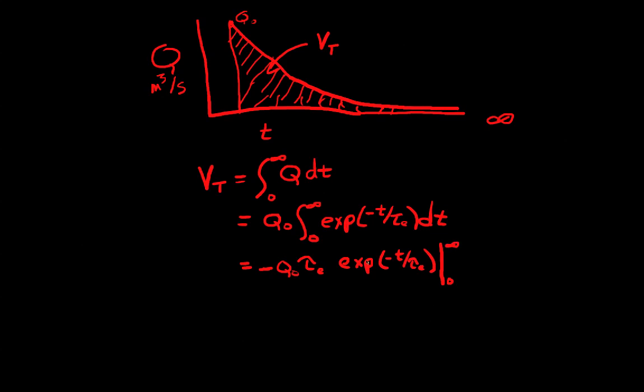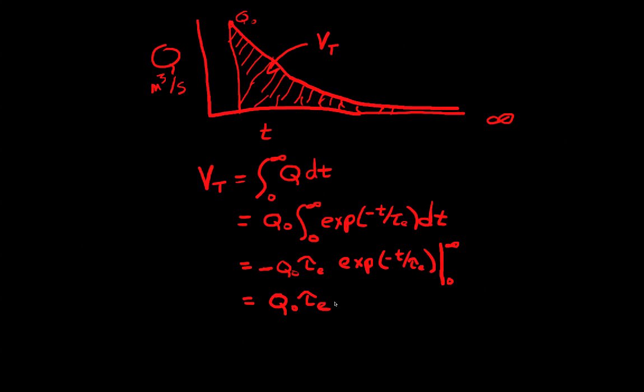So we substitute in 0 and we substitute in infinity. Now notice, if you substitute in infinity, you're taking the exponential of minus infinity. Exponential of minus infinity is 0. The exponential of 0 is 1. So that's very simple. 0 and 1 are our two limits, and we plug those in, and in fact the final answer is Q naught tau_e.